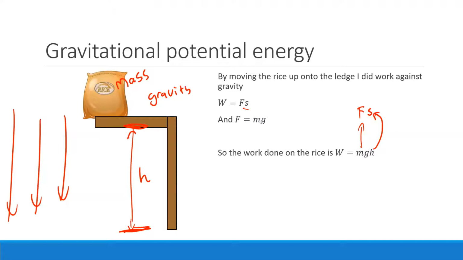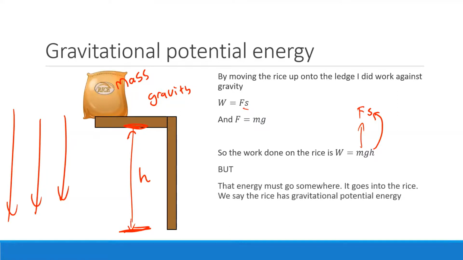So how do I build upon this? The energy must go somewhere. Work is a form of energy. We're putting effort in, but where is that energy going? You can't just do work and move that bag of rice without that energy going somewhere. In this case, it goes into the rice.